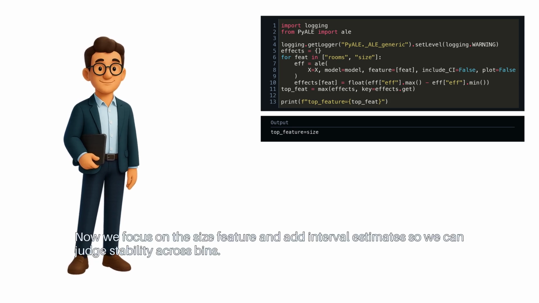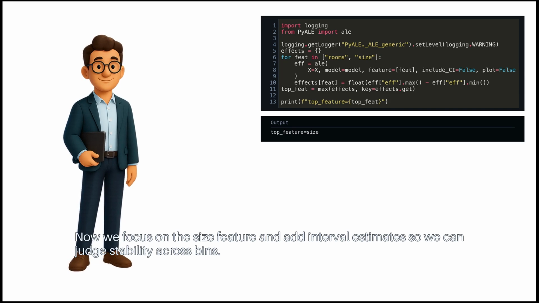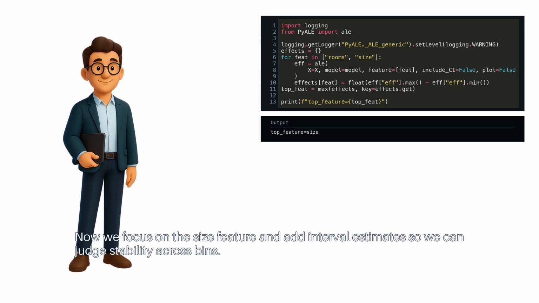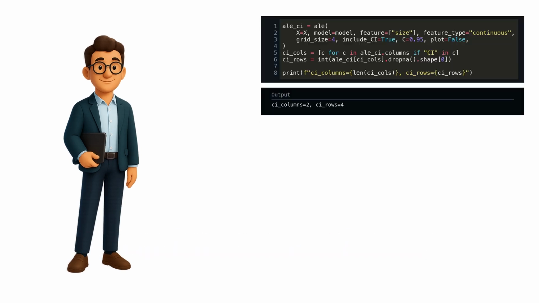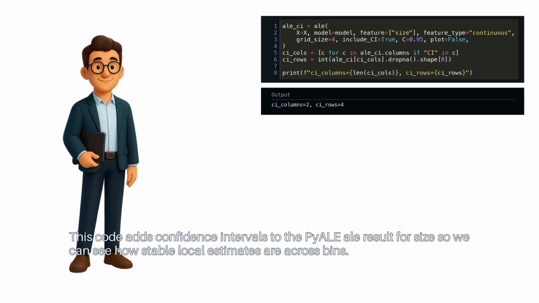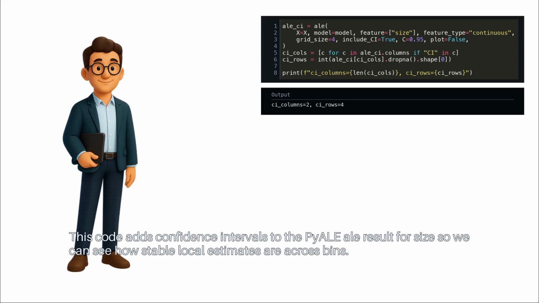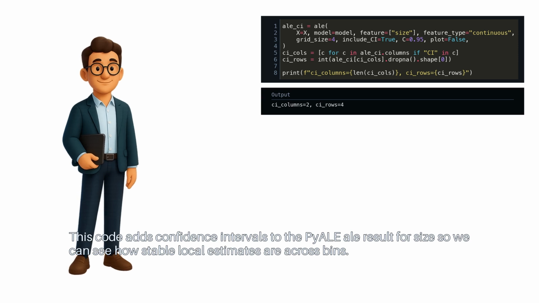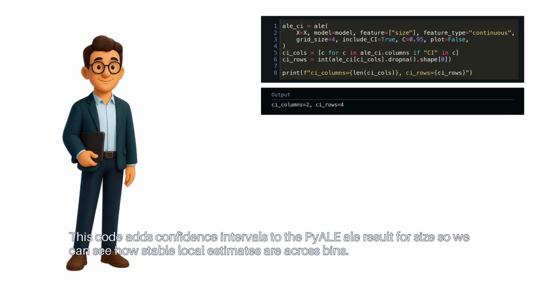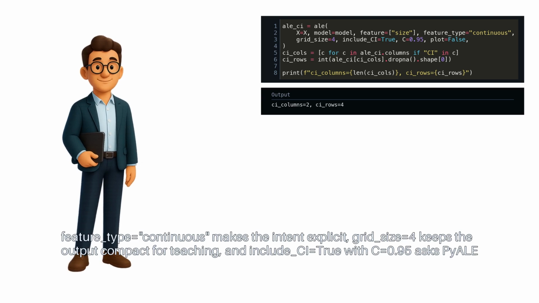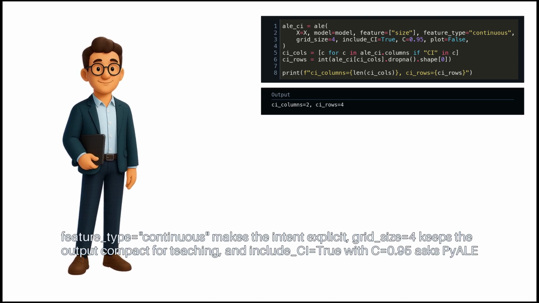Now we focus on the size feature and add interval estimates so we can judge stability across bins. This code adds confidence intervals to the PyALE result for size, so we can see how stable local estimates are across bins. Feature type equals continuous makes the intent explicit.